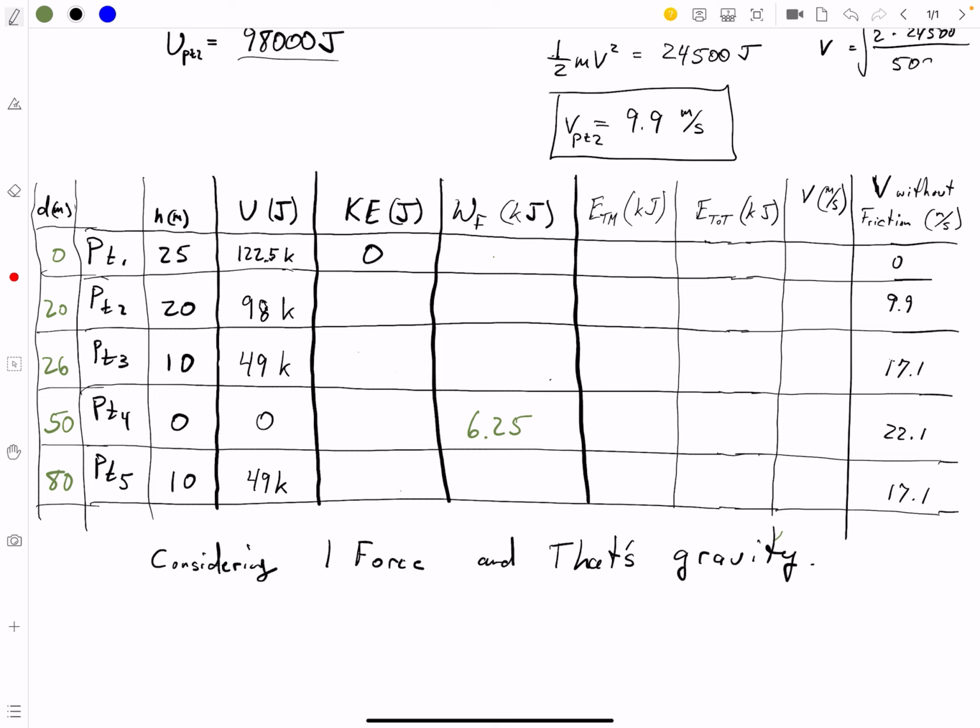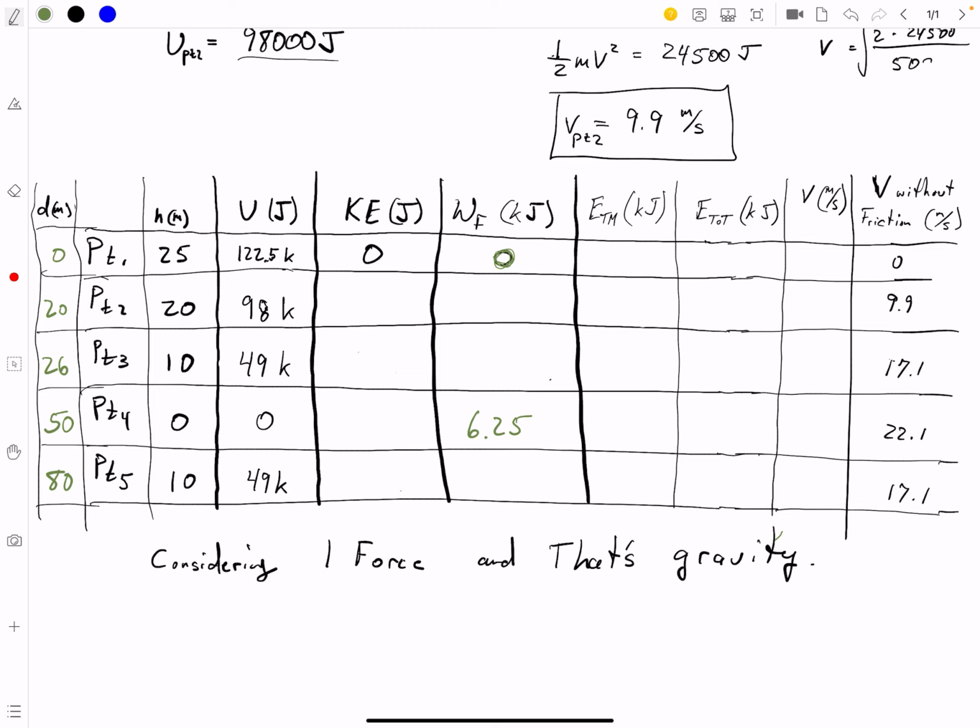All right. So let's do our work. We've got the work of friction. We've got 125 times our distance, which is 0 here, so we lost nothing. We've done point 4. Let's do point 2.